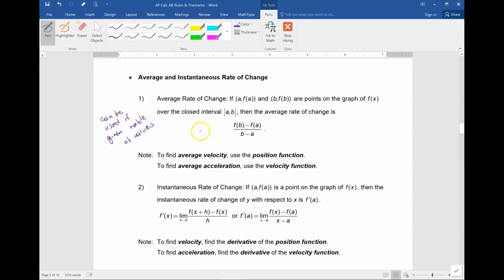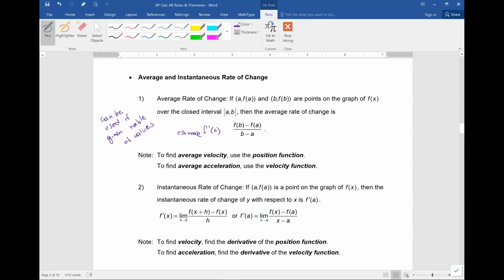Remember when we had to find, for example, what's f prime of 6? There was the tree problem, the height of the tree, and you had to find what's h prime of 6. That's the average rate of change. You can use that.